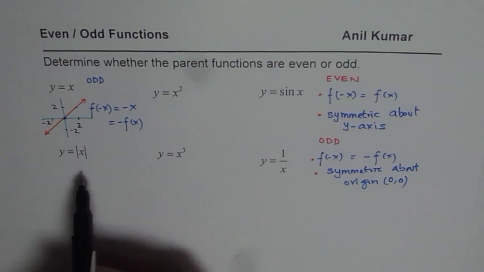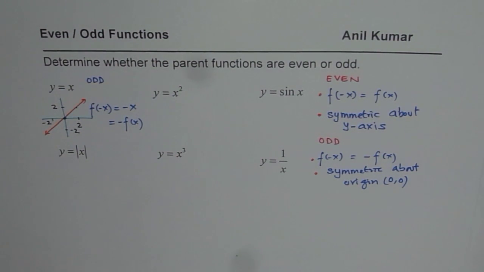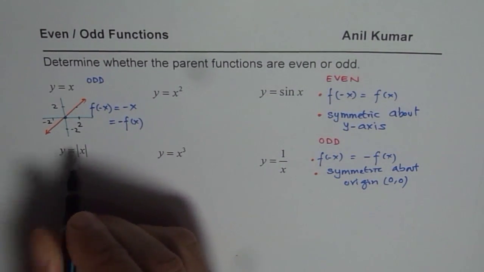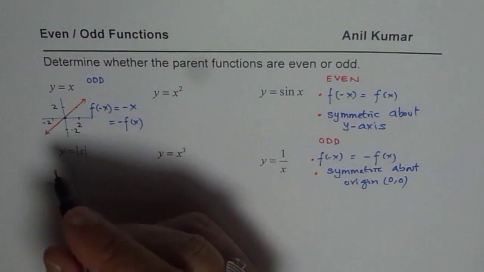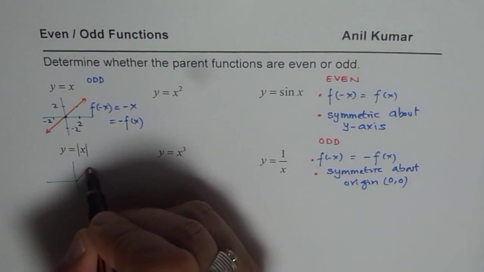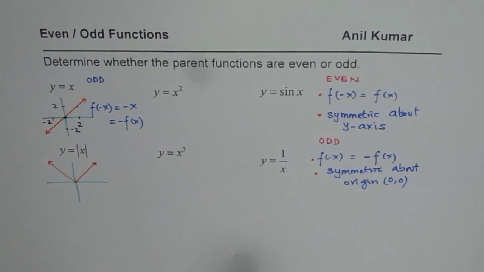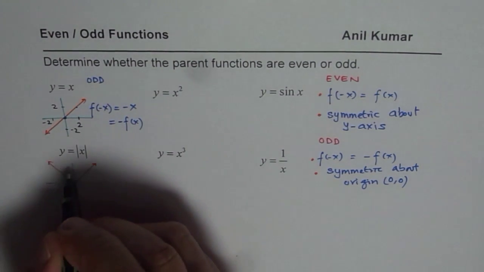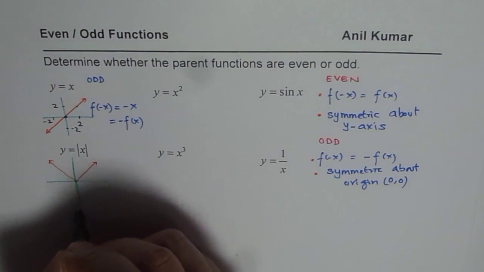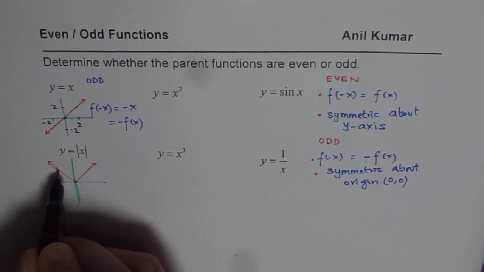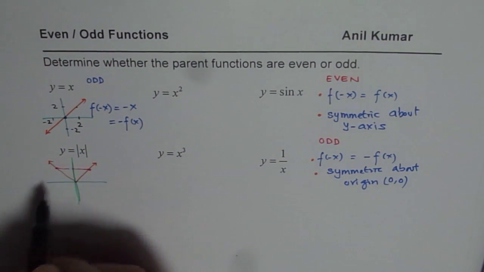Okay, let's look into the absolute function and see whether that is even or odd. If we sketch this function, what do we get? This is always positive, so this line flips upwards. As you can very clearly see, it is symmetric about the y-axis. That is to say that if we have a point on the left side, then we have its image on the right side.